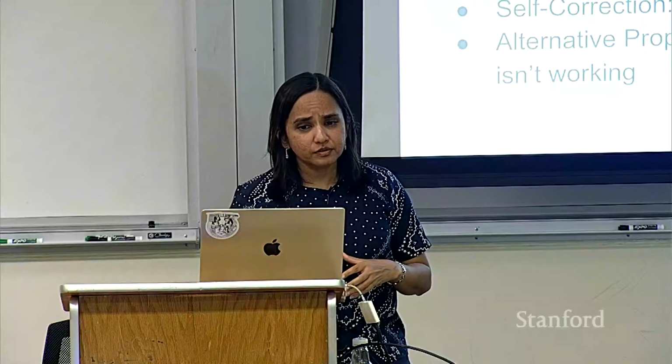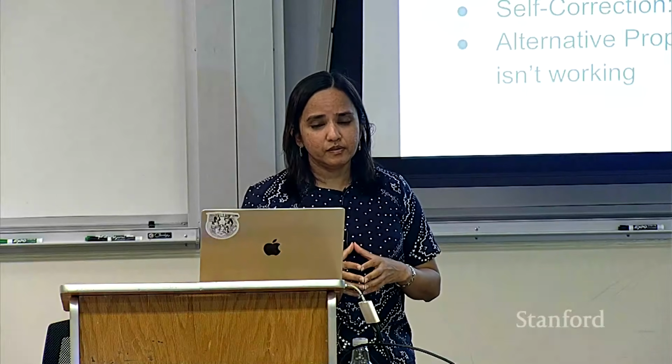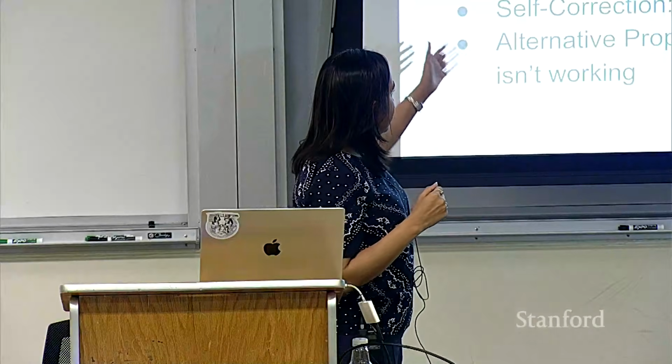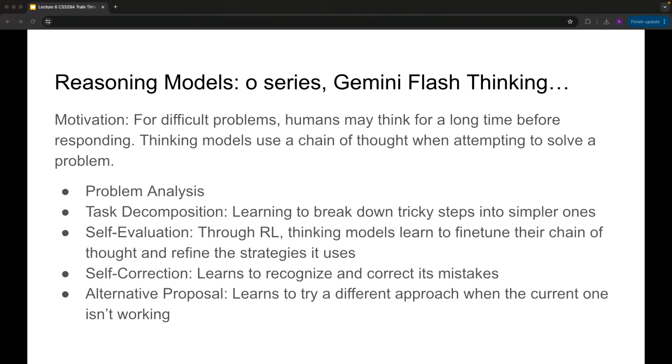So thinking models use a chain of thought when they're attempting to solve the problem, and these tokens might get dedicated to patterns like problem analysis, where they try to understand what the problem is describing. Task decomposition, I'll show you an example of this, where they try to decompose the task into subtasks. Self-evaluation, where they look at the answer and think, okay, this is not looking correct.